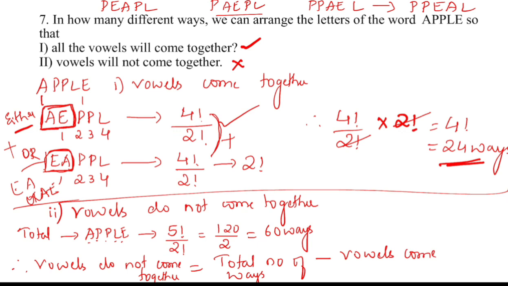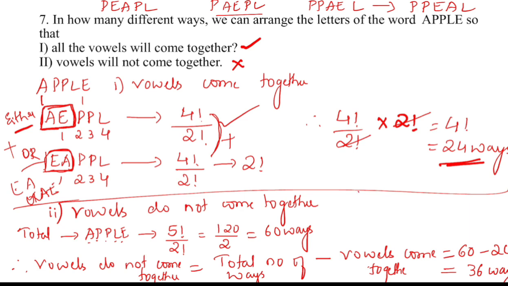The total ways are 60 and vowels come together are 24. So when we deduct, whatever answer we get, 36, is the ways in which vowels do not come together.